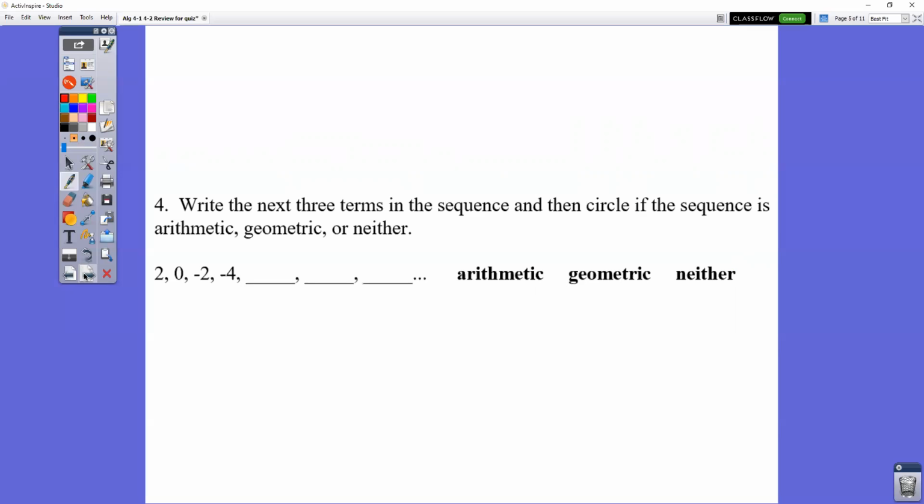So to get from 2 to 0 to -2 to -4, what we're doing is subtracting by 2 each time. Or you could say adding by -2. Those two things mean the same thing.